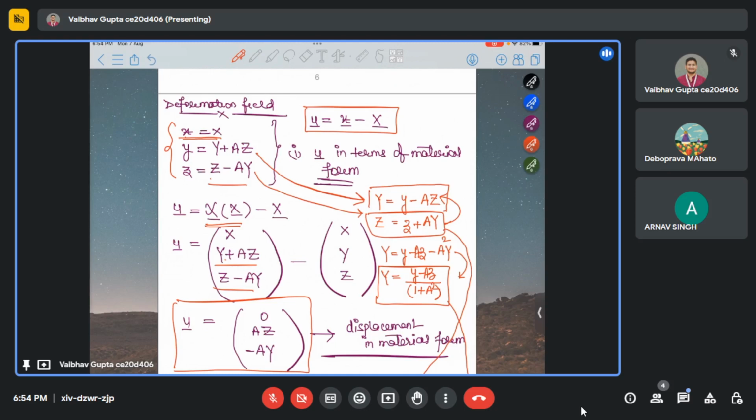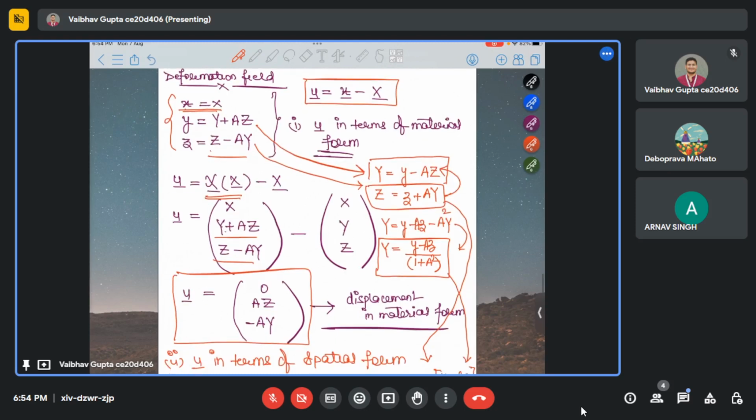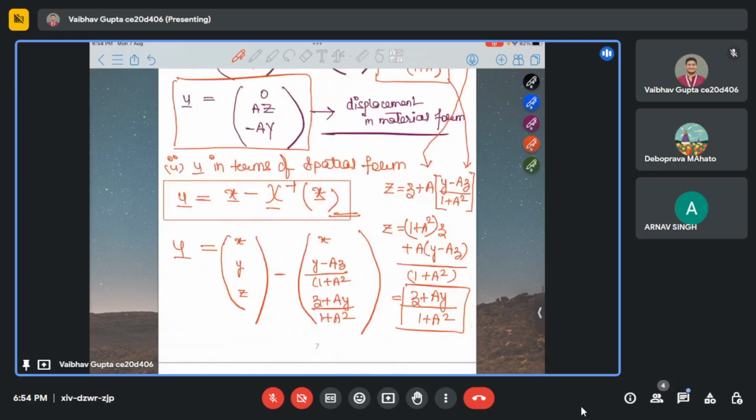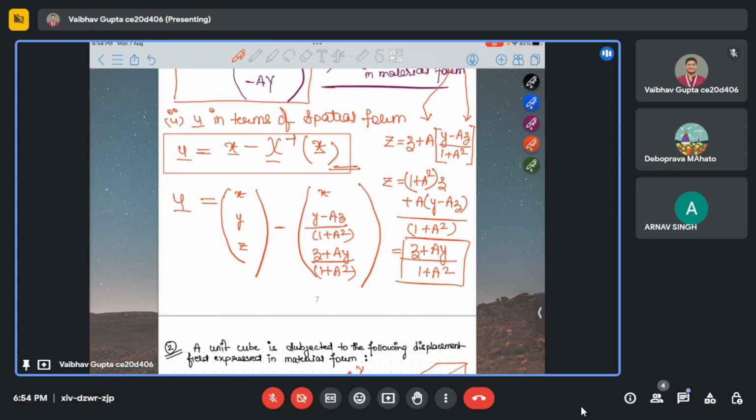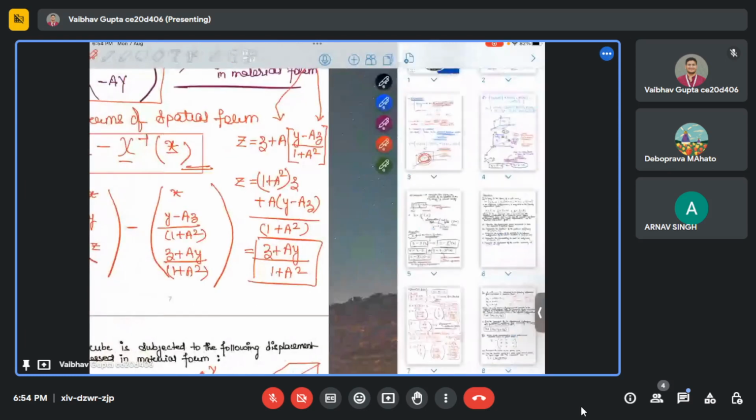With some mathematical calculation, shifting the Z value and doing the calculation, we find that capital Y is small y minus a small z upon 1 plus a square. Similarly, capital Z is small z plus ay upon 1 plus a square. So till now we are here.